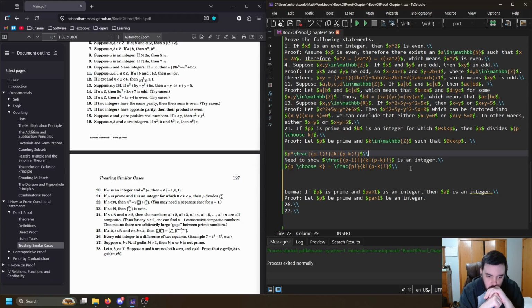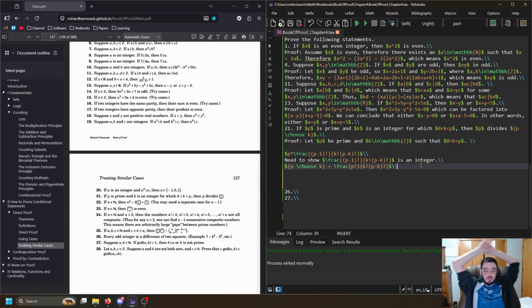Because you just pull out the first part of the factorial on top. But it must be that this other portion is now not always an integer, which is why I was thinking I would need this lemma. Dude, I don't know what to do for this problem. This is crazy.